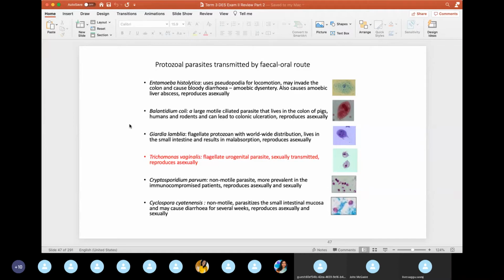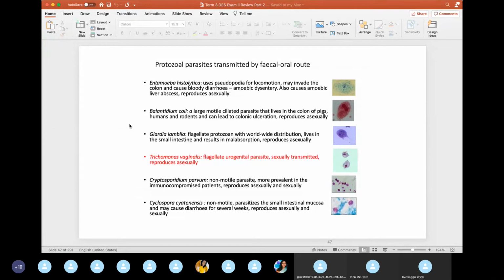Entamoeba histolytica: pseudopodia, bloody diarrhea, asexual. Balantidium coli: cilia, asexual. Giardia lamblia: flagella, asexual reproduction. Trichomonas vaginalis: flagella, sexually transmitted, asexual.